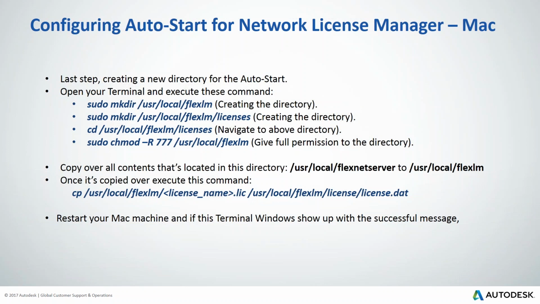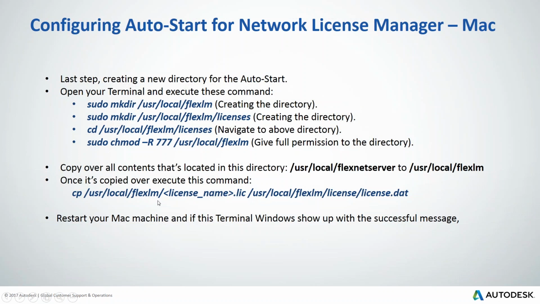Once those two are done, you can navigate to that directory and give full permissions to this directory. Once that's done, you can copy all of the contents located in the default location of our network license manager from earlier to this new one.